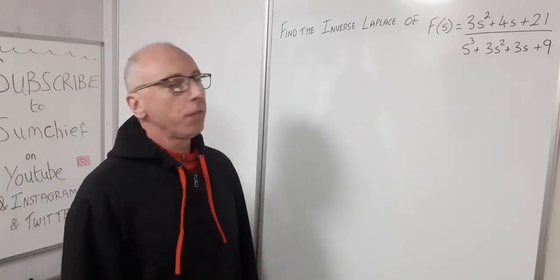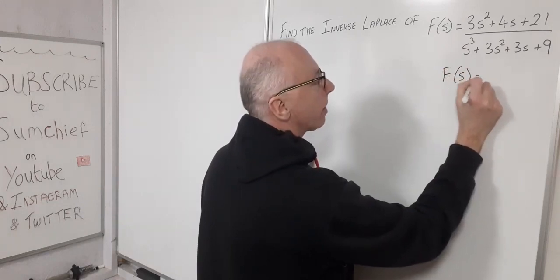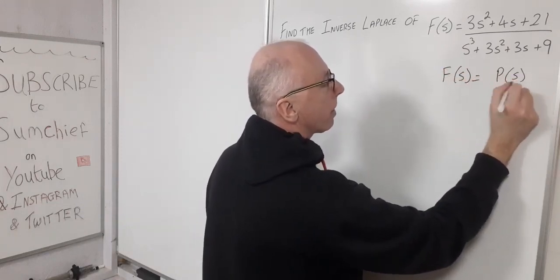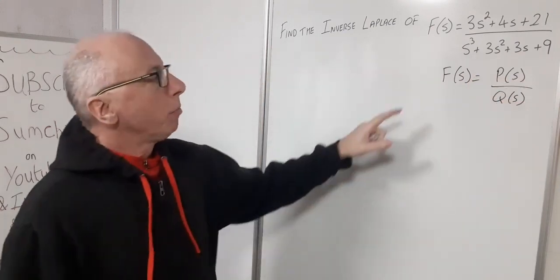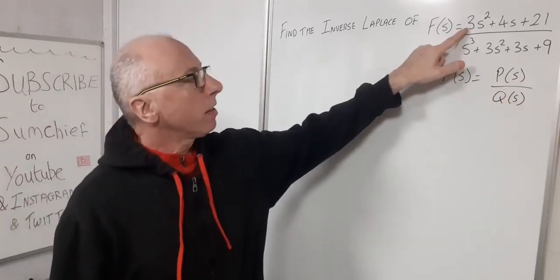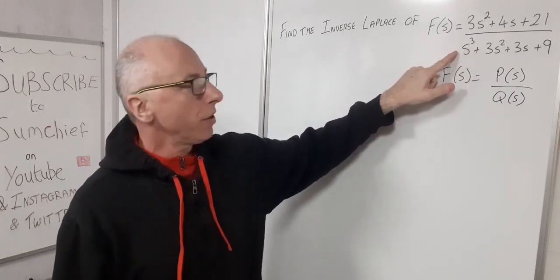Now first of all, looking at F(s), if we break it down into P(s) divided by Q(s), P(s) is of order 2 and Q(s) is of order 3.